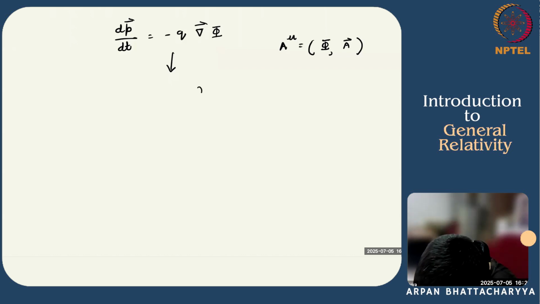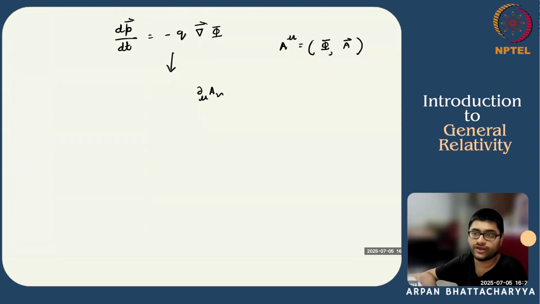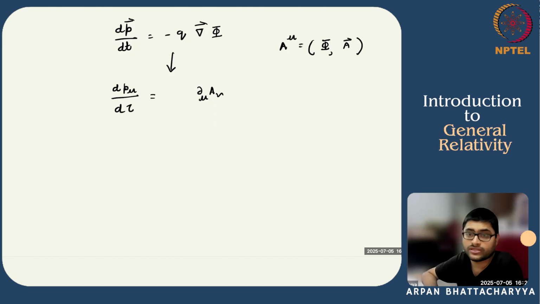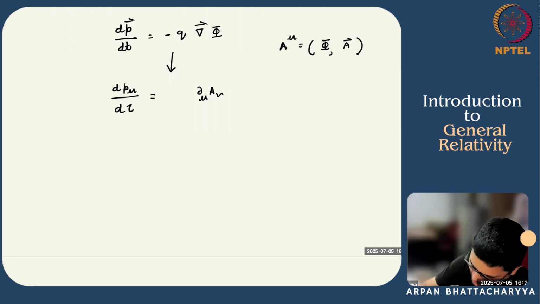We'll have something like this if we want to make a Lorentz covariant version of this equation. On the other hand, the left hand side is easy to guess. We will have just dp mu d tau, where tau is the proper time, which is invariant. So this is the natural generalization.